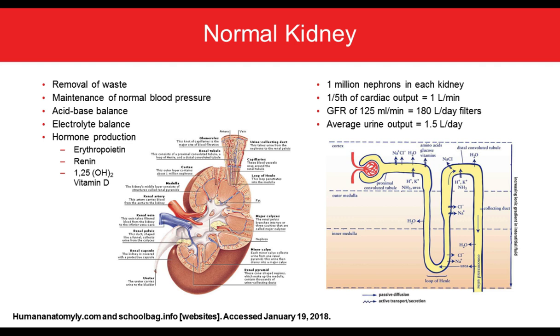But you must be thinking that the average urine output is only 1.5 liters per day when it comes out as urine. So why do we filter 180 liters at the glomerulus level when we make only 1.5 liters of urine every day?